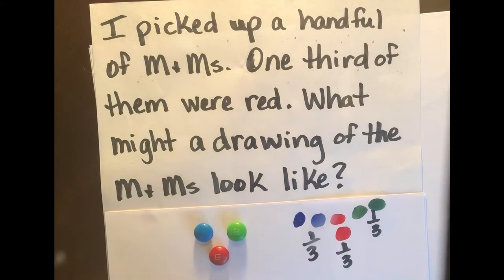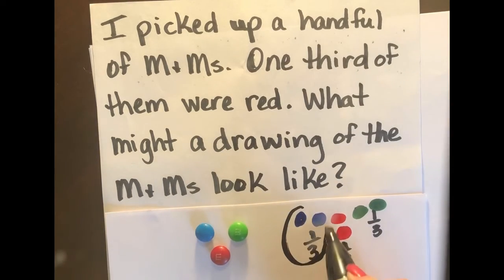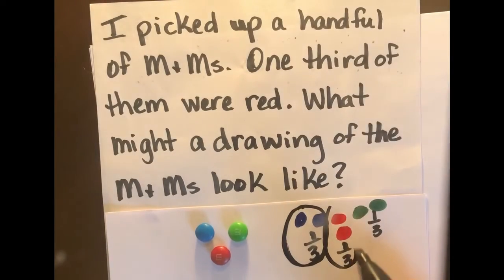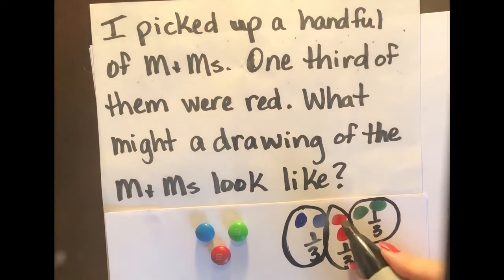So I have 1 group, 2 groups, 3 groups. 1/3 of my candies would still be red. I wonder if this picture looks like what your picture might look like.